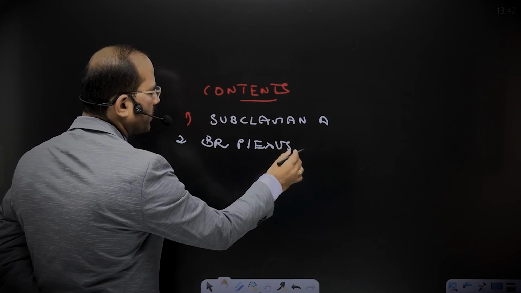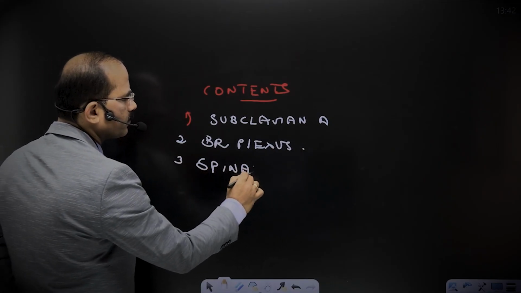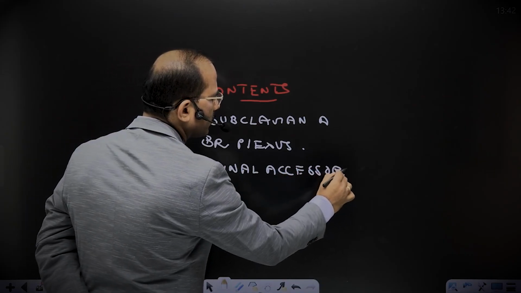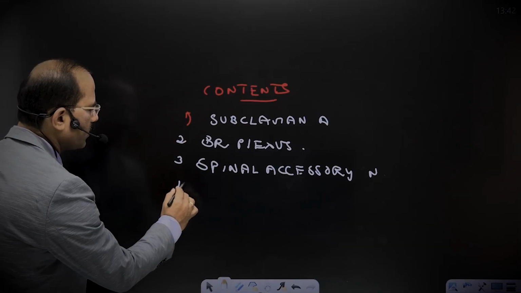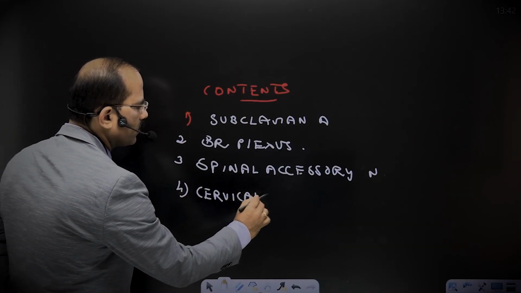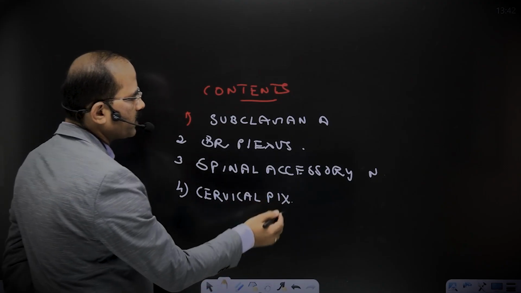I'm writing in short, brachial plexus. Third is the spinal accessory nerve, that's number 11. Lies on which muscle? Levator scapulae. Fourth is the cervical plexus. And what are the branches of cervical plexus? I'll just mention this for you.